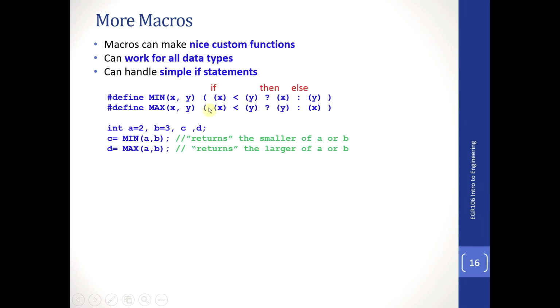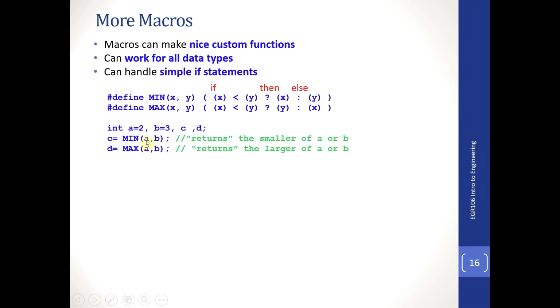You can think about it like this. In this case, my max, if X is less than Y, then Y, else X. So if X is less than Y, return Y, otherwise return X. Okay, so if we have this example here, C equals min AB. This is in main. So now I have A is 2 and B is 3.